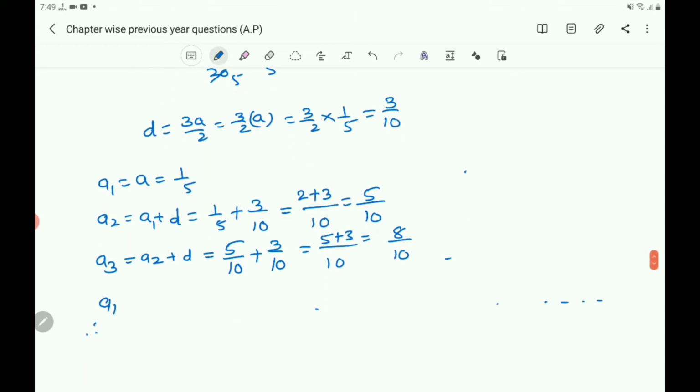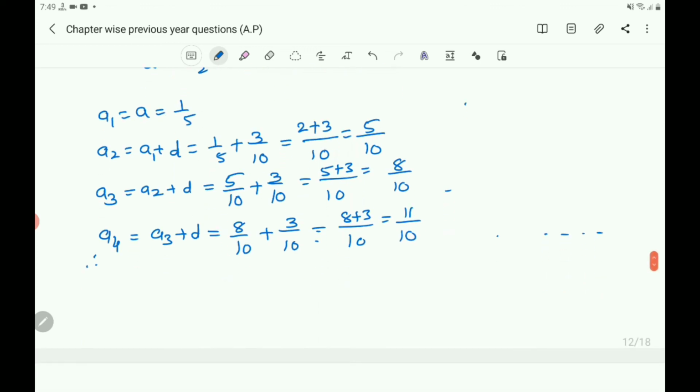Then a4 you can get, a4 is a3 plus d, that is a3 is 8 by 10 plus d is 3 by 10. Then it becomes 8 plus 3, that becomes 11 by 10.